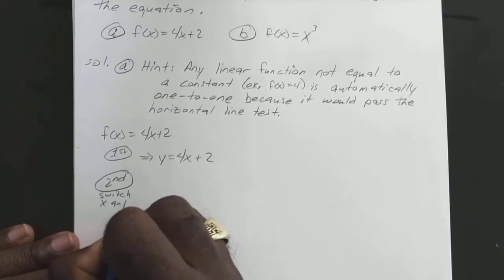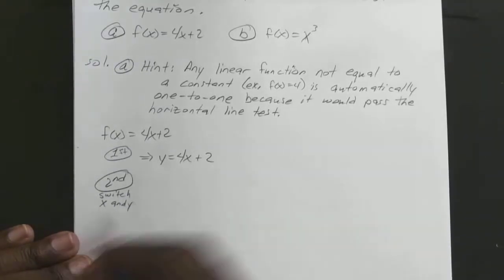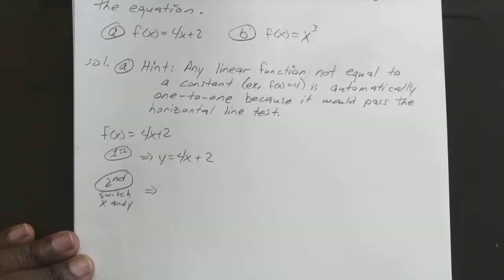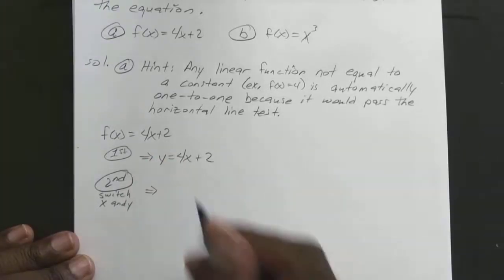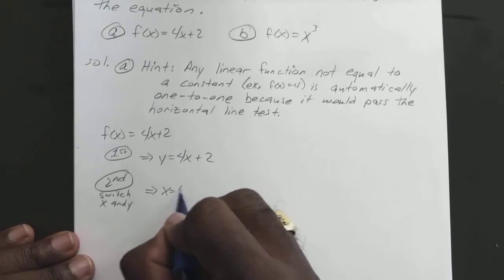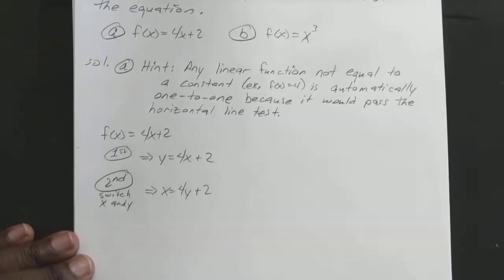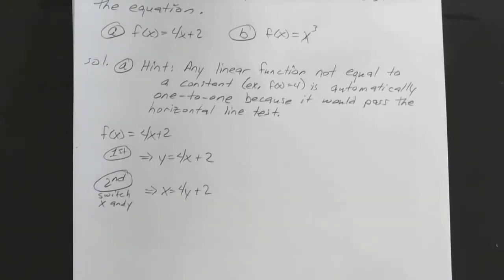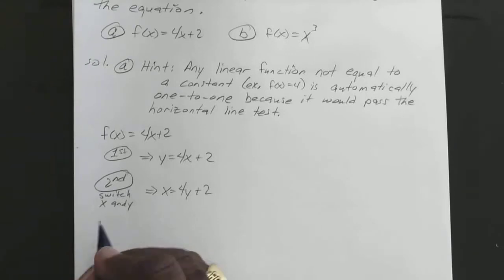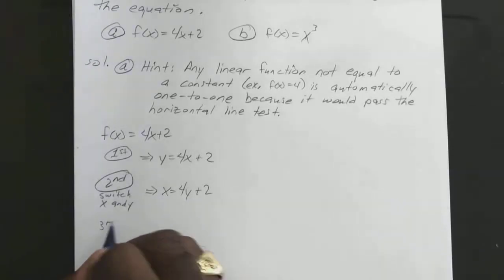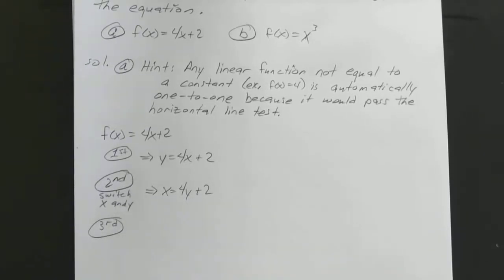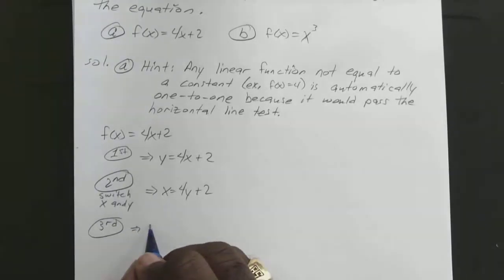So your second step is you're going to switch every x with y and y with x. So instead of y equals 4x plus 2, you're going to have x equals 4y plus 2. And your third step is you're going to solve for y.